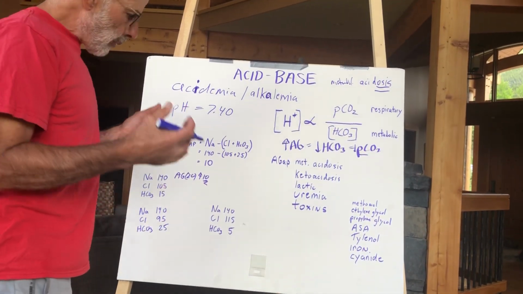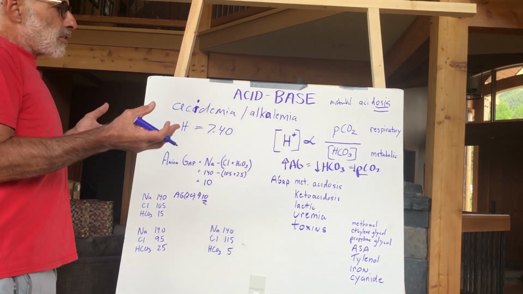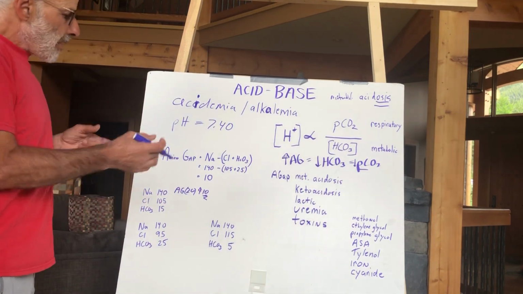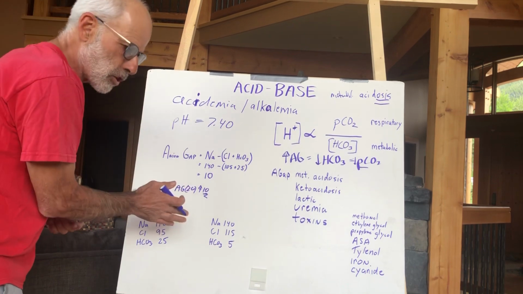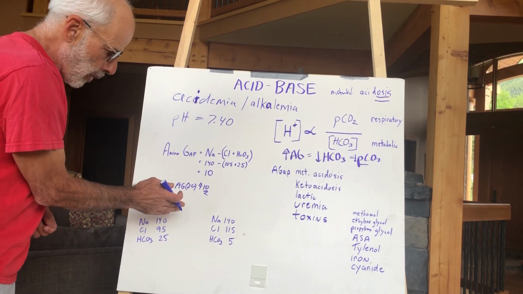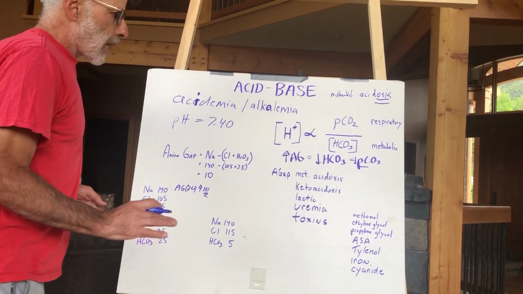Something's going on, something's accumulating anions in the blood. Only one thing can do that, and that's evidence of an anion gap metabolic acidosis, period. If you have an increase in the anion gap and it's significant, it's an anion gap metabolic acidosis, period.